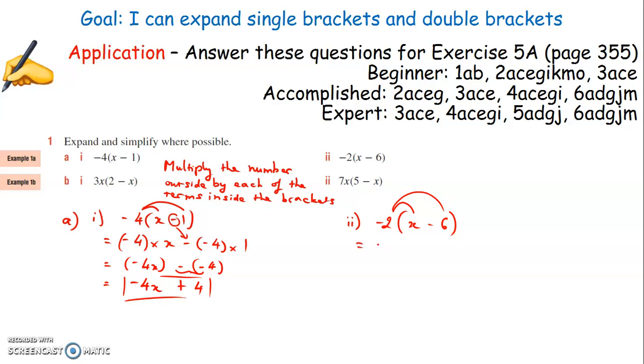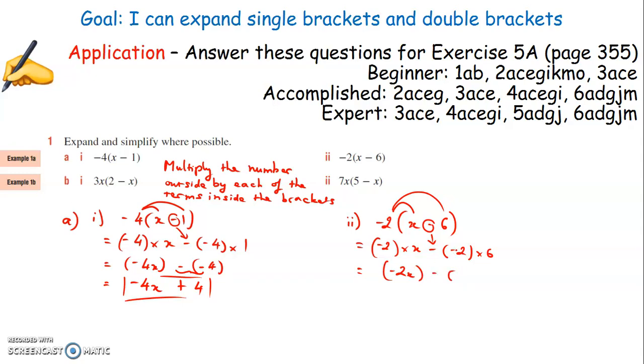Negative 2 times x, bring the minus sign down, and then we have negative 2 times 6. So negative 2 times x is going to give us negative 2x minus negative 2 times 6.